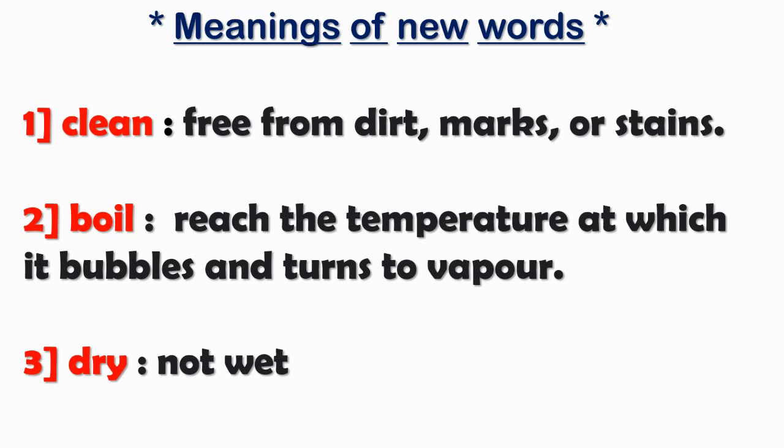Clean means free from dirt, marks or stains. Number 2, boil. Boil means reach the temperature at which it bubbles and turns to vapor. Number 3, dry. Dry means not wet. Understood?